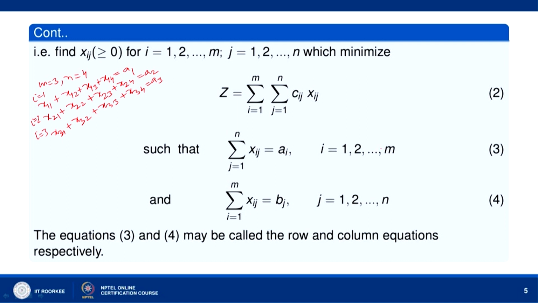So, these are 3 equations, and there will be 4 equations as a result of j equal to 1, 2, 3, 4.